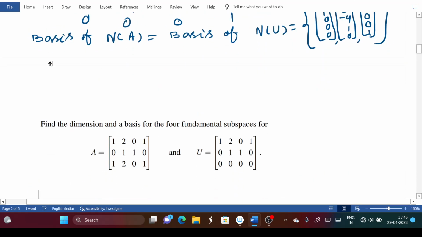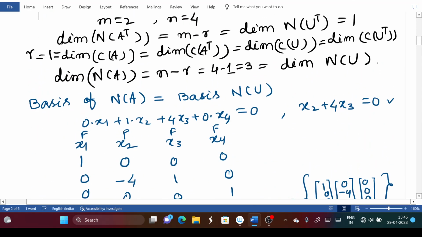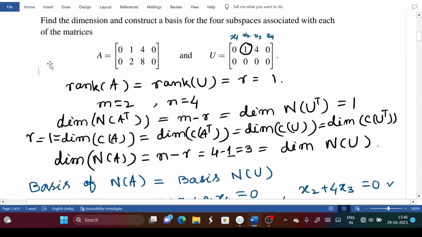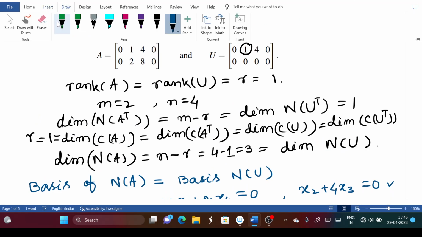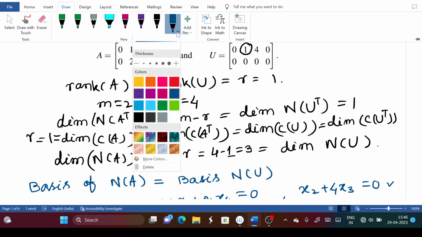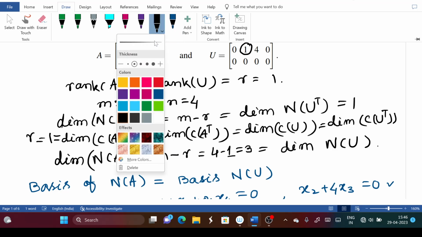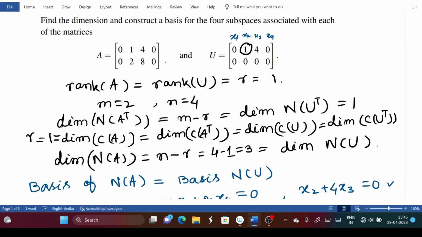Okay, basis of null space is over. Now all other bases I will try to write here itself with small letters, because there is very little space. Optimally I will use this space. So observe here. What about basis of row space?